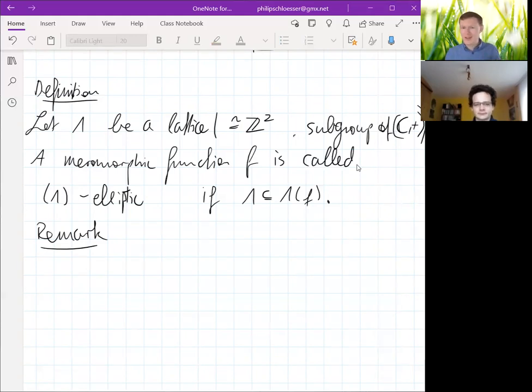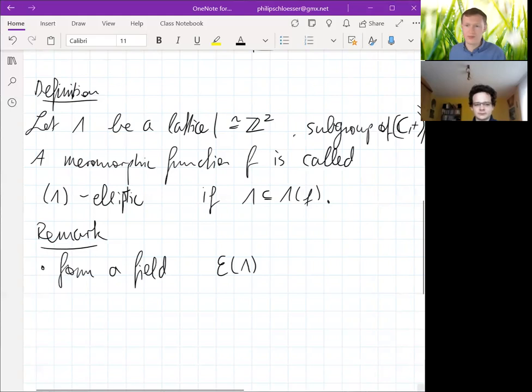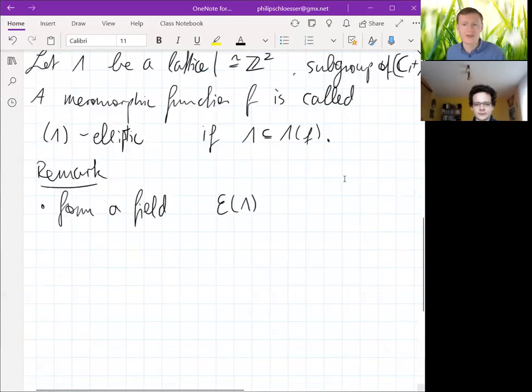So what I'm trying to say is that they actually form a field, called E lambda or whatever. I've nowhere found some nice terminology, so I'm just making it up.